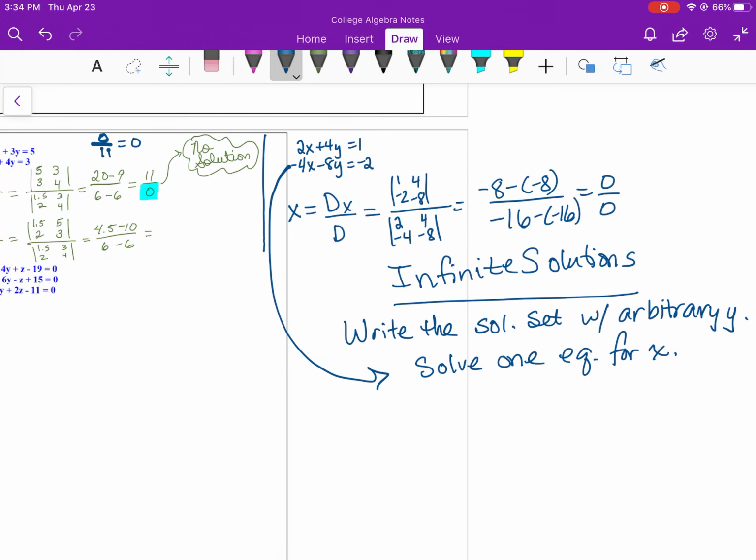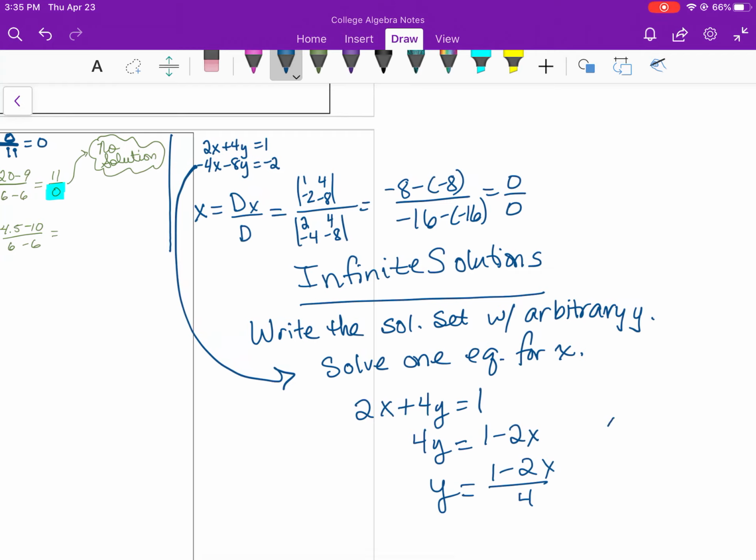and so what we're going to have here is this right here. And then I'll have x, and then 1 minus 2x over 4 for my ordered pair.